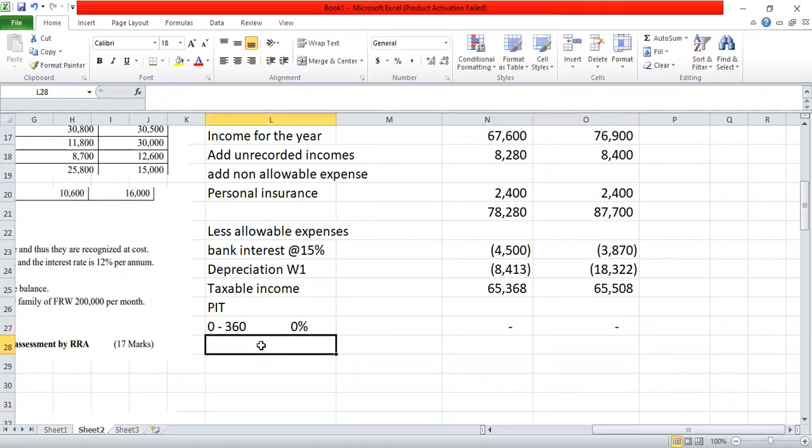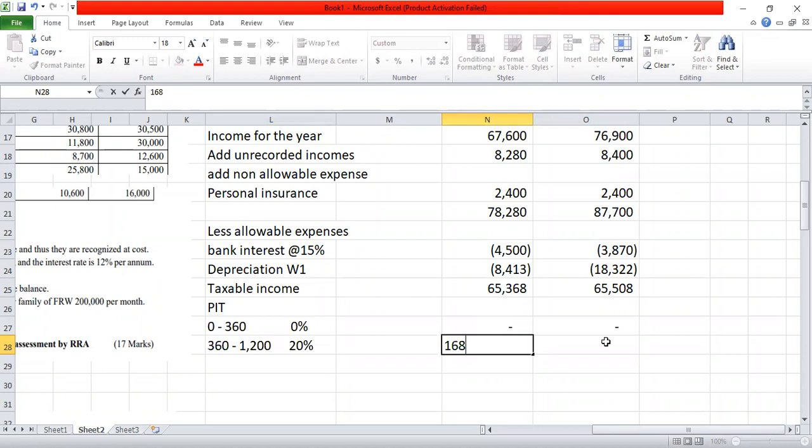Then from 360 to 1.2, it is 20%. So here it is 168, and here it will be 168.